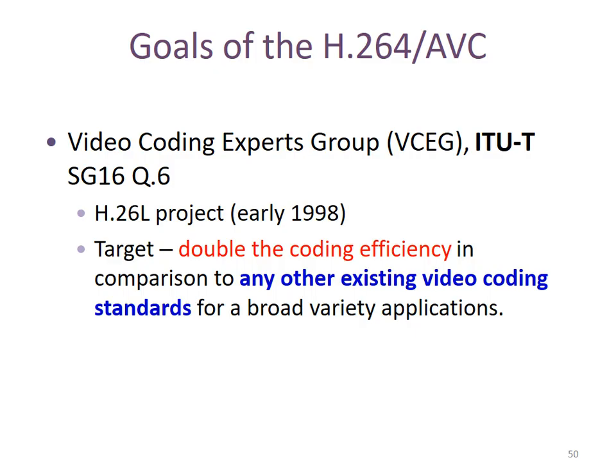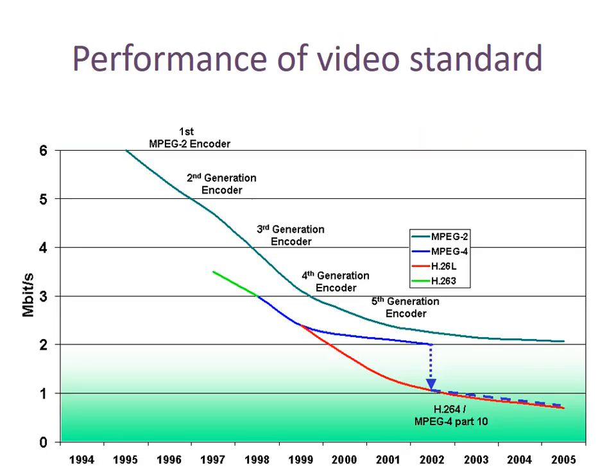Okay, so let's see the goal of video compression. The target for video compression is to double the coding efficiency compared to any existing video coding standards. So what is video coding efficiency? That means we can use fewer bits to represent the same video content.